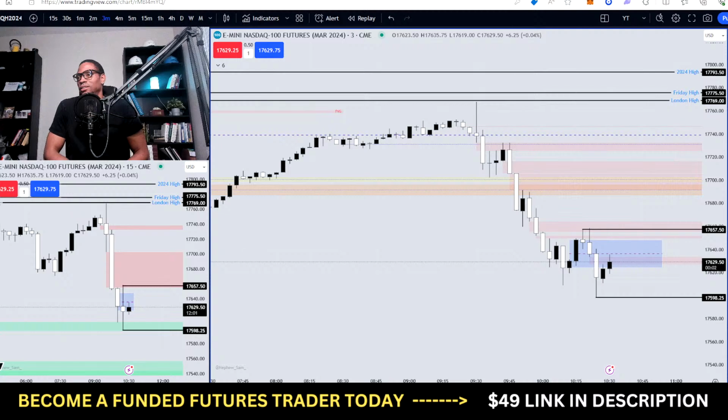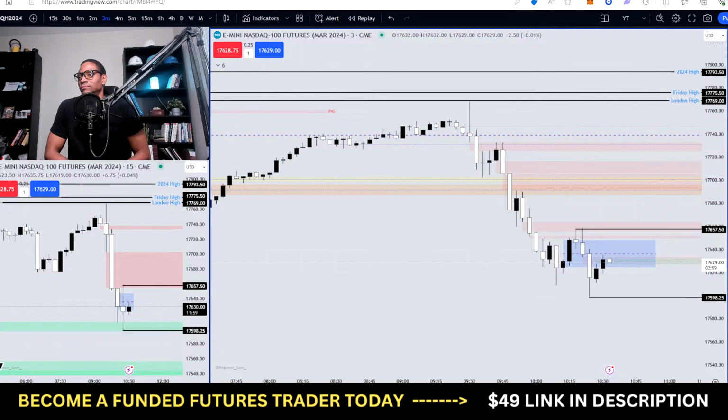Okay, it wasn't to be, not on this candle. So maybe we'll get pushed downwards, sweep those lows.